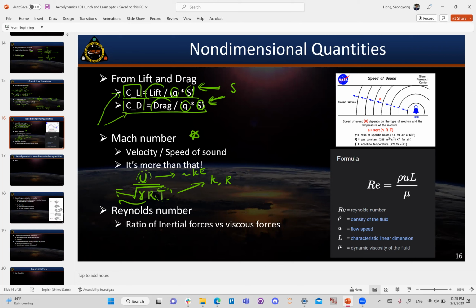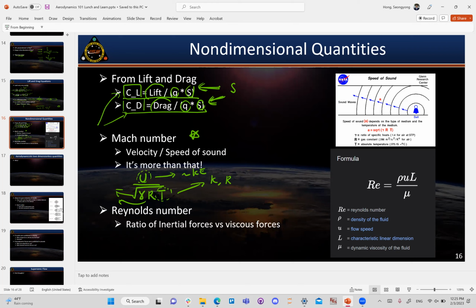If you tried to make the flow rotate, it would resist that rotation, kind of like a quote unquote centrifugal force. You can think of that as inertial force. Viscous force is how thick the fluid is, how resistant it is to shearing or flowing past a surface.